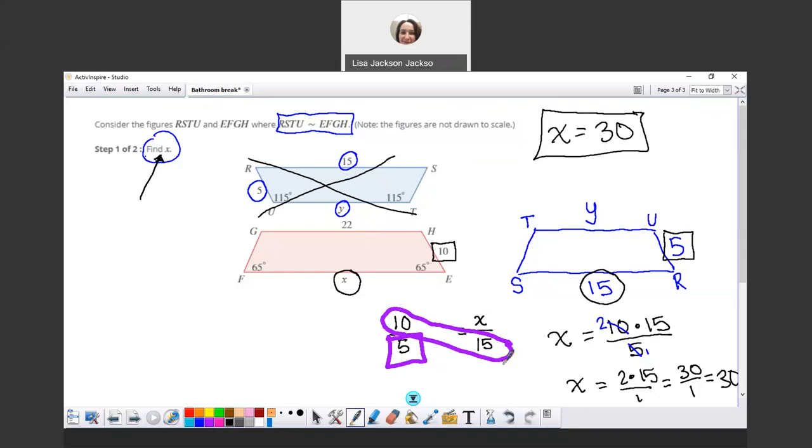Now be careful, because x was on the red trapezoid and 10 was on the red, so the top belonged to the red trapezoid. On this one, y is on the blue trapezoid, so think about where would it be? Would it be on the top of the fraction, or would it be on the bottom? Remember, the top was red, the bottom was blue, because that's how we chose to set it up.